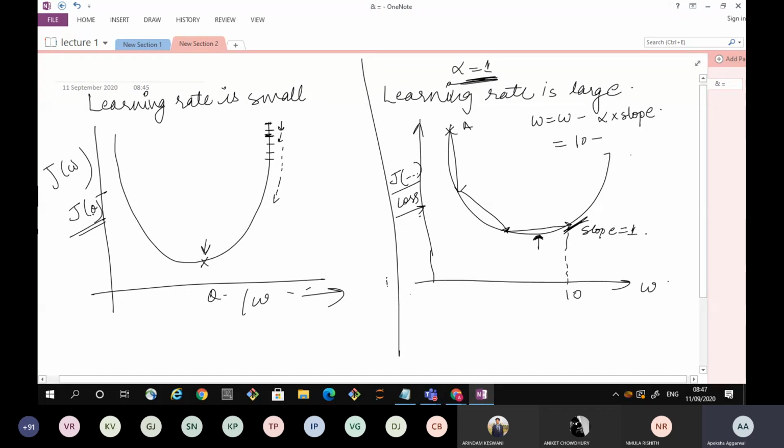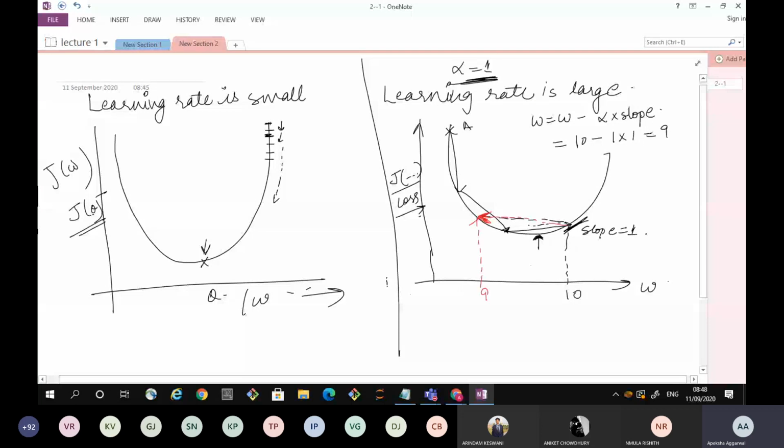So it would be 10 minus 1 into 1, which is 9. So it would reach somewhere here. Now, let's say this was my 9.